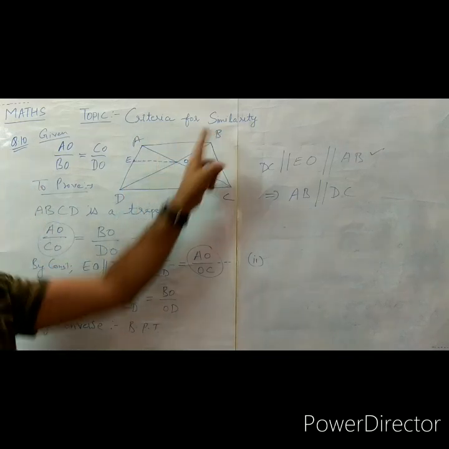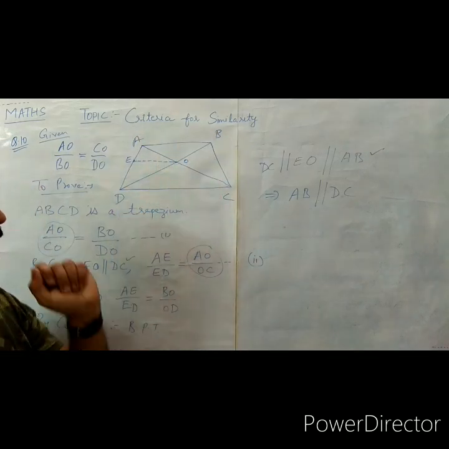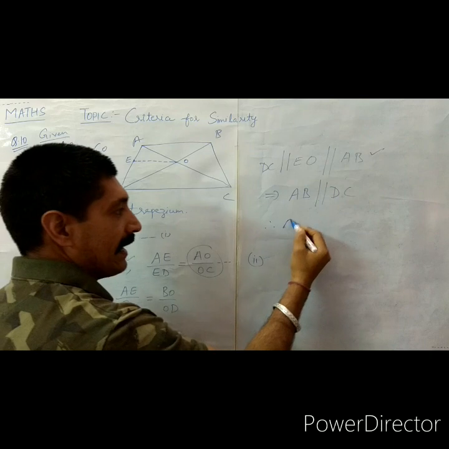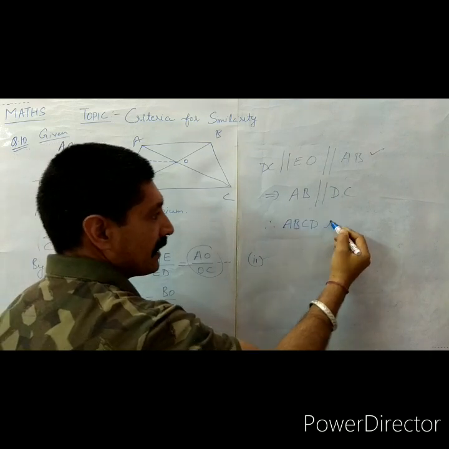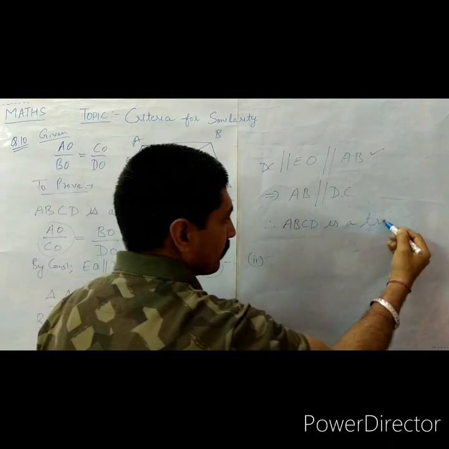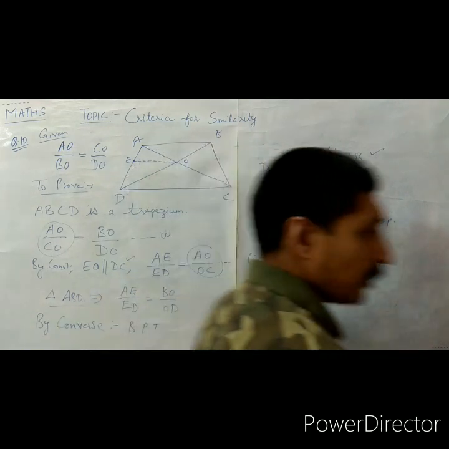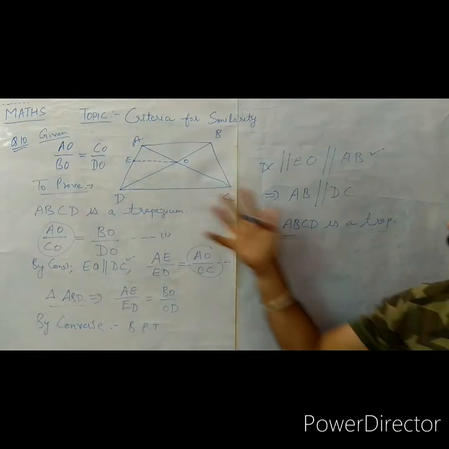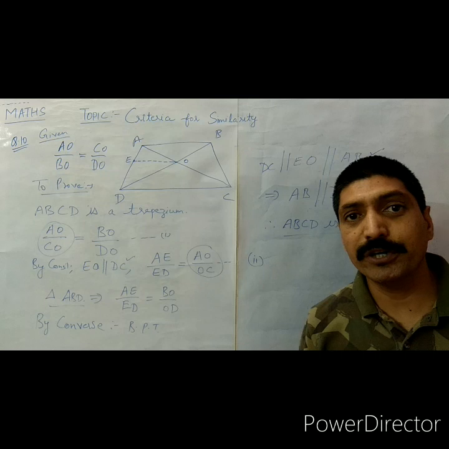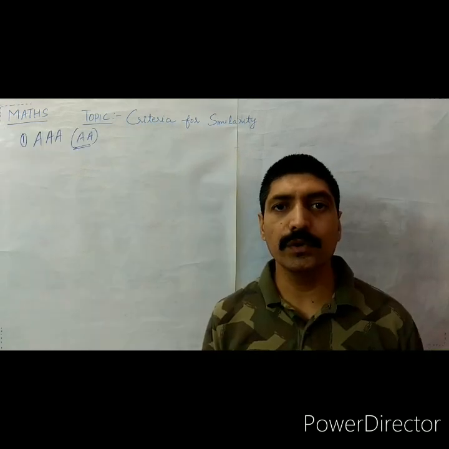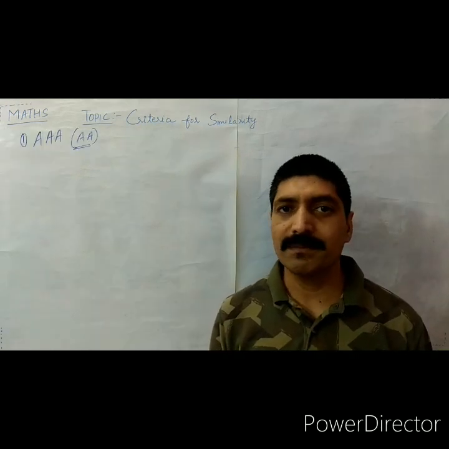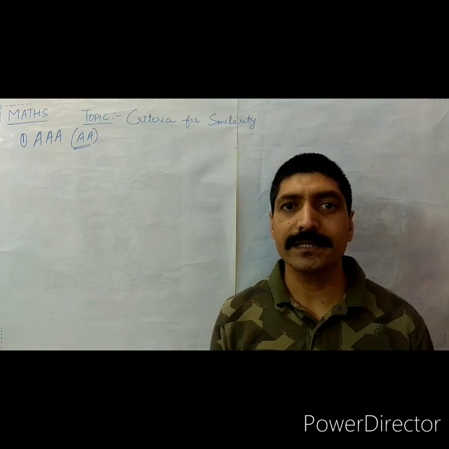Now if AB is parallel to DC, therefore ABCD is a trapezium. So this is all about exercise 6.2. Another rule for the similarity is side, side, side.